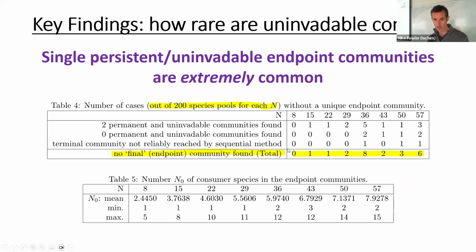I think we found relatively few cases where there was either no final endpoint community or more than one. So very few where there are two or zero endpoint communities. That's instructive in a way, in that there really is usually only one final solution given a starting species pool.